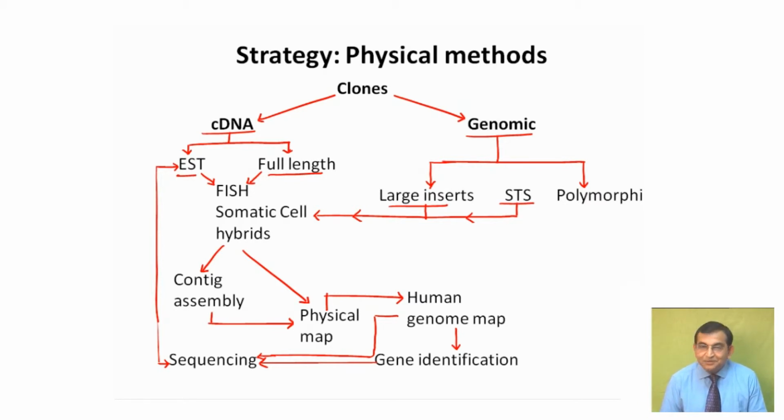Now, EST, full length clones, large inserts, and STS are mapped to the subchromosomal region by fluorescence in situ hybridization or FISH technique, also by somatic cell hybrids, radiation hybrids, etc. Now, the physical map was constructed by contig assembly, that is assembly of adjoining or contiguous fragments of DNA, where overlapping segments are arranged side by side.